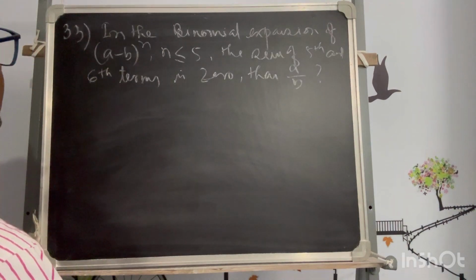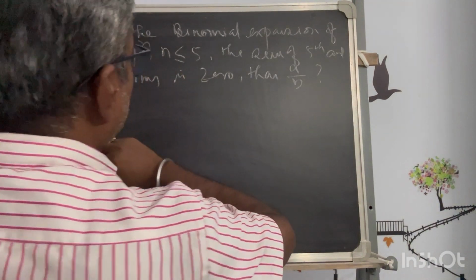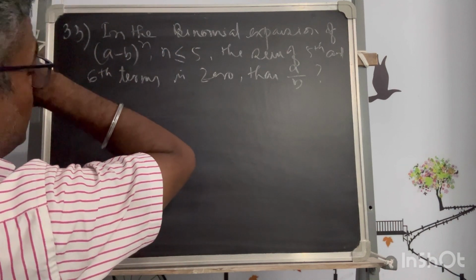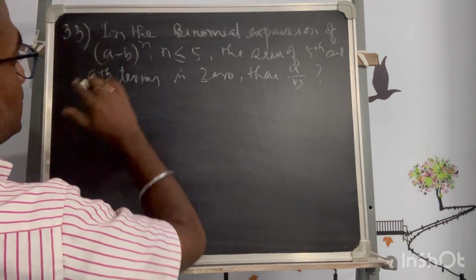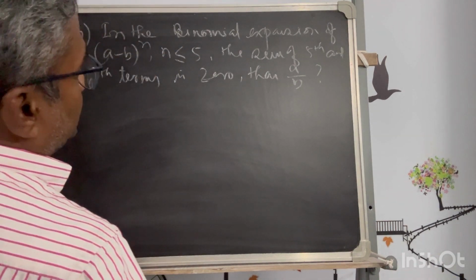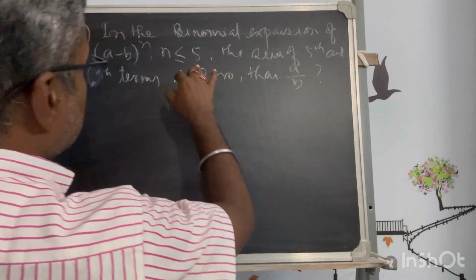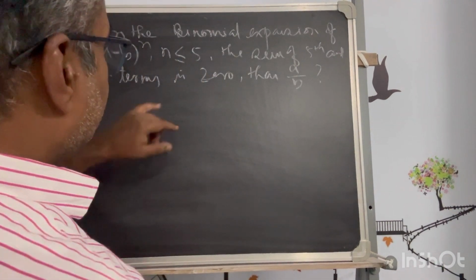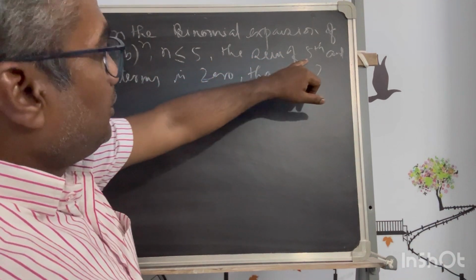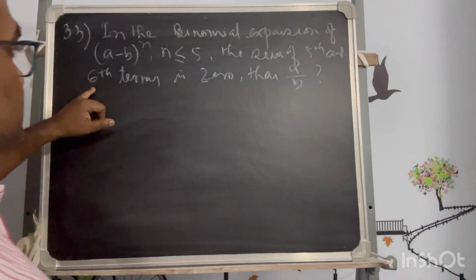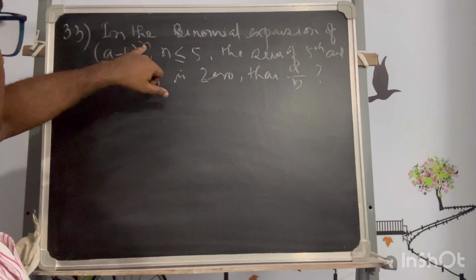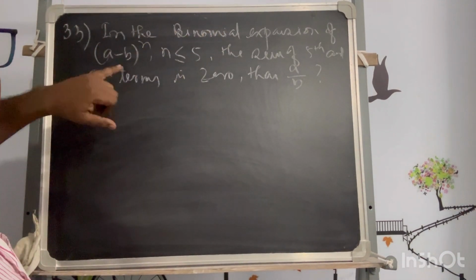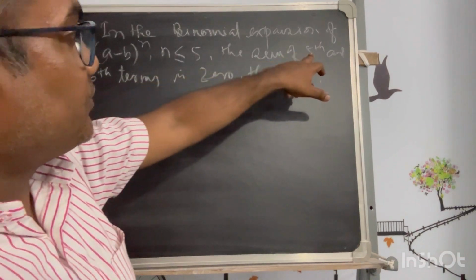Now n is being limited to less than or equal to 5 and n cannot be negative. Okay, so in this case, if I assume that the maximum value of n is 5, then only I will get fifth and sixth term, because the maximum power is n, so the number of terms will be 6, and we are talking about fifth and sixth term.